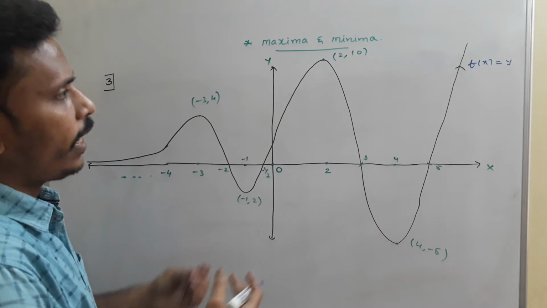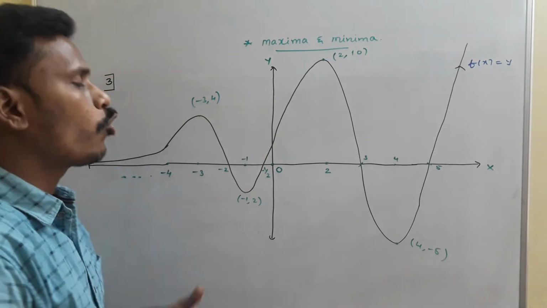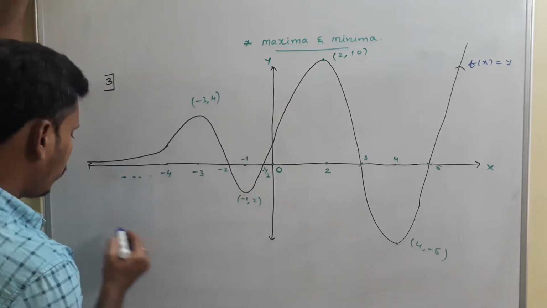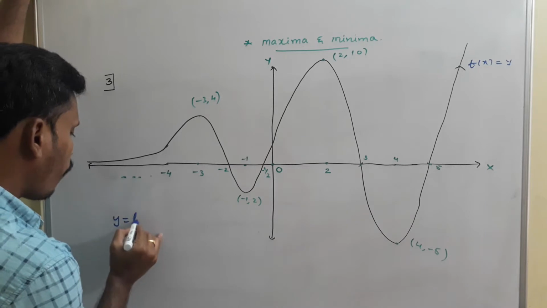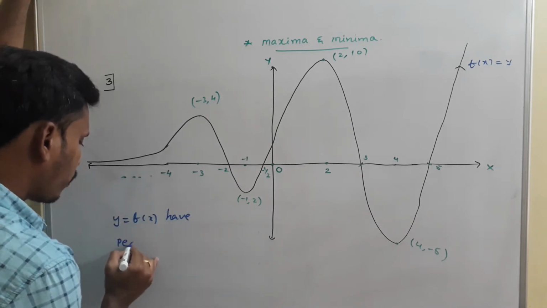And if you wish to find critical points, or stationary points, or you may say turning points for this, y is equal to f of x has peak points.